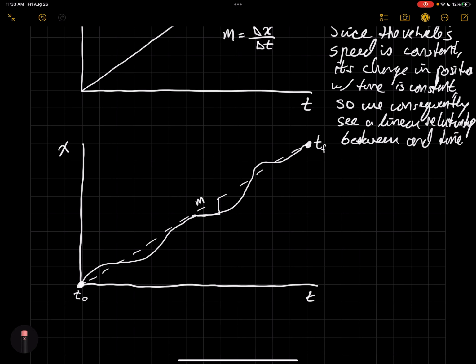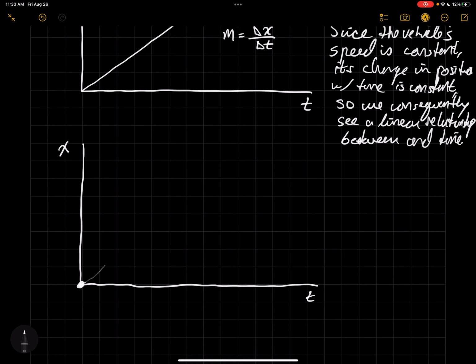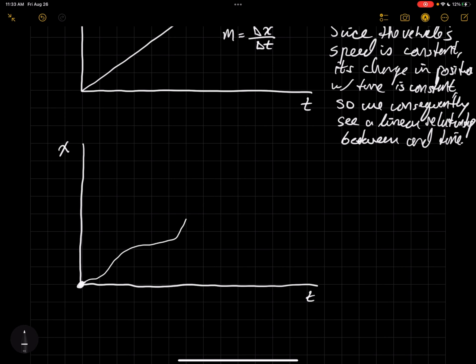So if we clean up our drawing here a bit, and let me go ahead and redraw our curve. It might not look exactly like what I had before, but you get the idea, okay?